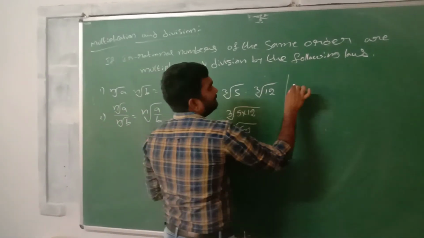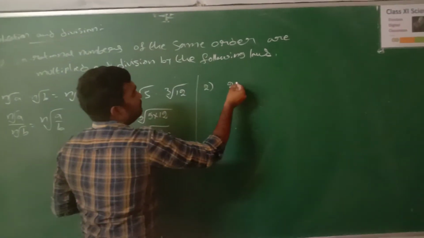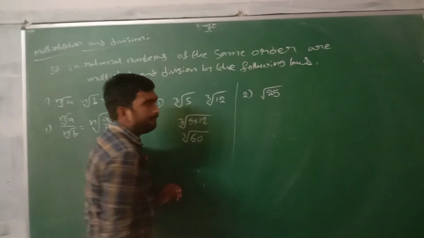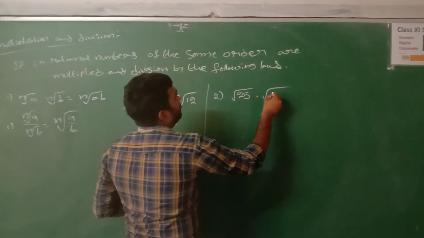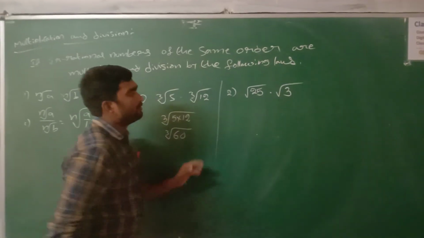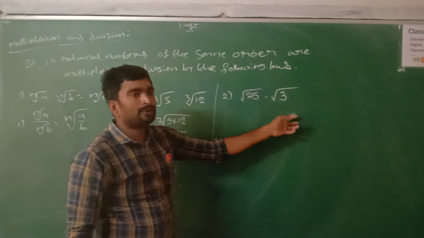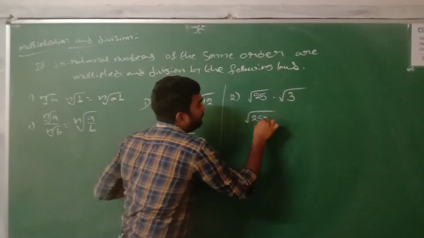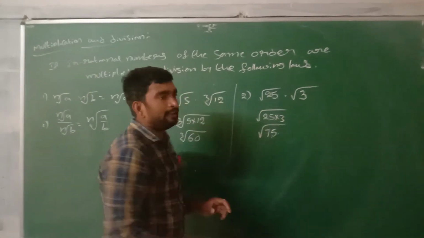Solving another example: square root of 25 into square root of 3. The order is 2, and in root 3 the order is 2. Then multiplying, square root of 25 into 3, the answer is root of 75.